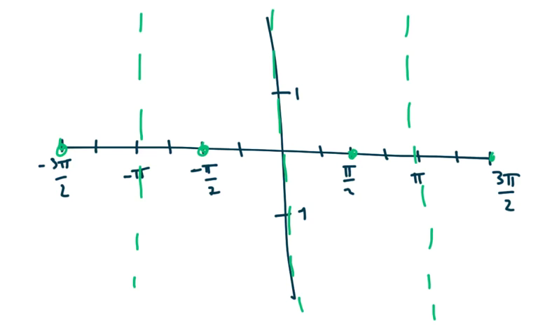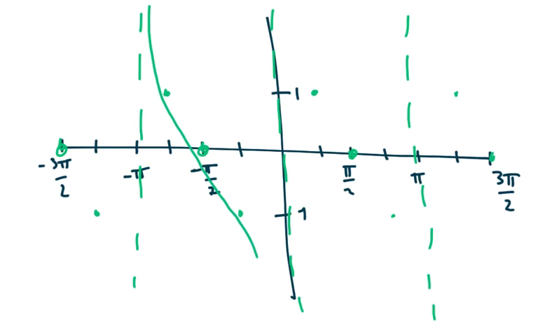And then all the other pi over 4s were in the same locations, 1 or negative 1. So pi over 4 was at 1, negative pi over 4 was at negative 1, 3 pi over 4 was at negative 1, negative 3 pi over 4 was at positive 1, negative 5 pi over 4 was at negative 1, and 5 pi over 4 was at 1.